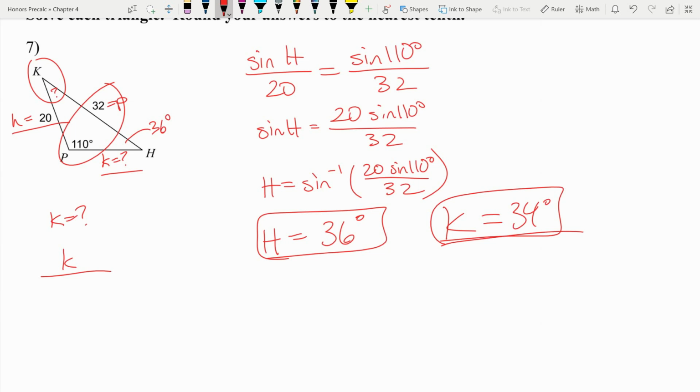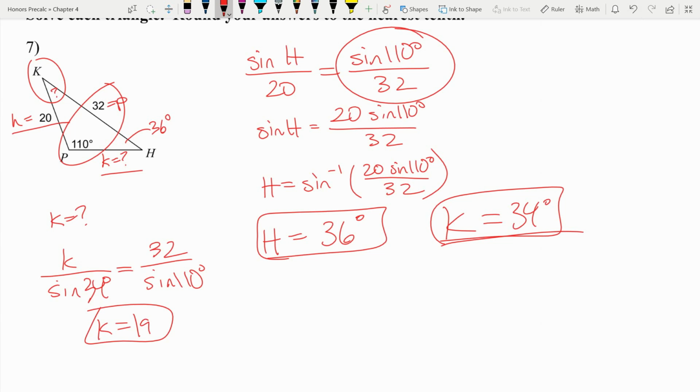I start with little k up top, sine of K on the bottom, 34 degrees, and this is equal to, take your pick really, I'll use the same thing we used before, 32 over sine of 110 degrees. And once you solve that for k, we should get 19.